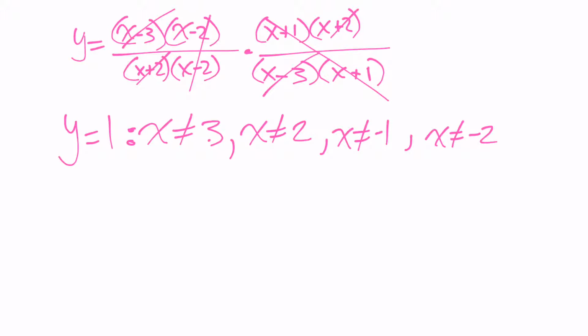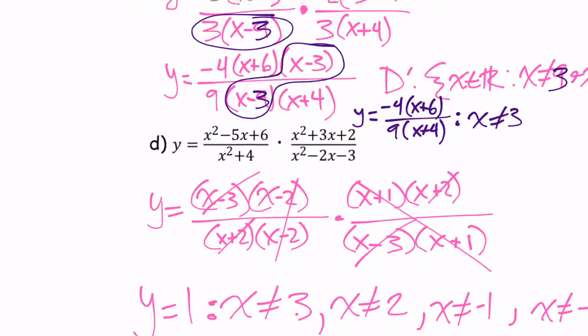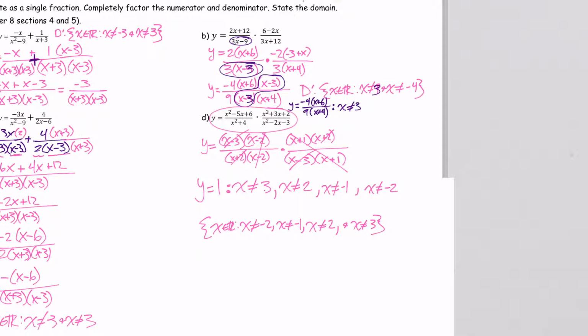So if we're formally stating our domain, x is in the set of all real numbers such that x is not equal to negative 2, x is not equal to negative 1, x is not equal to 2, and x is not equal to 3. And there you have it. Wow, that's crazy. Would you ever look at this thing and be like, oh yeah, that looks like 1? Nah, you wouldn't. But it is. That's why math is sick.